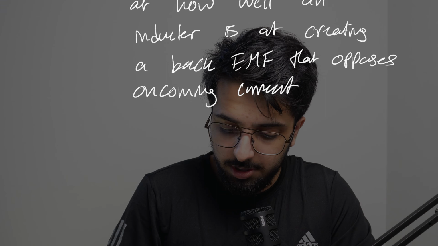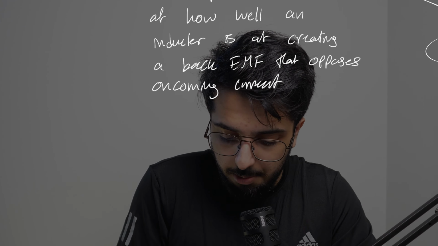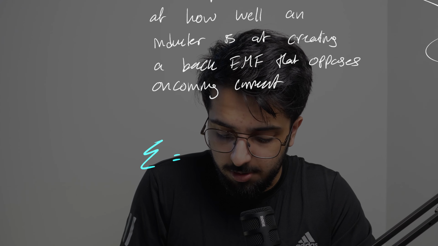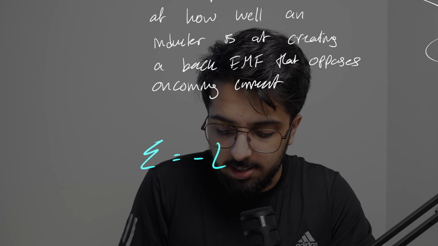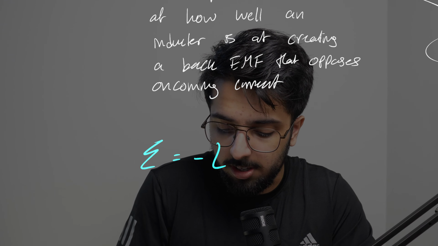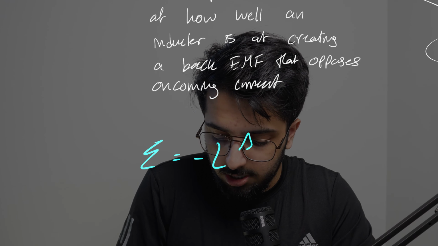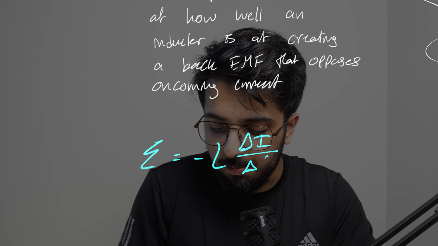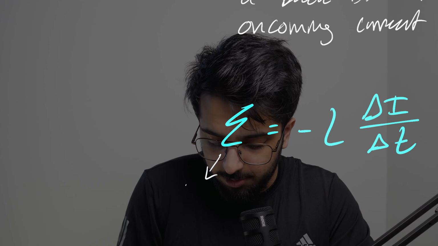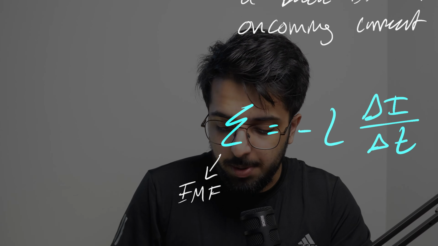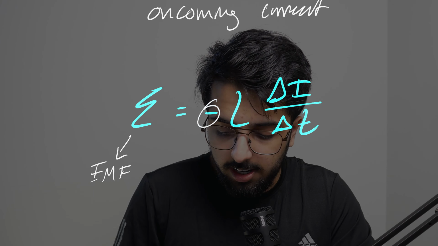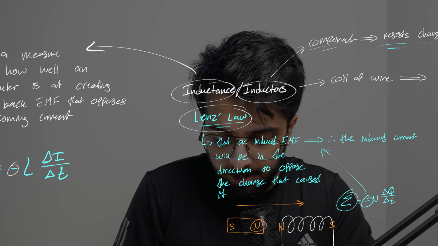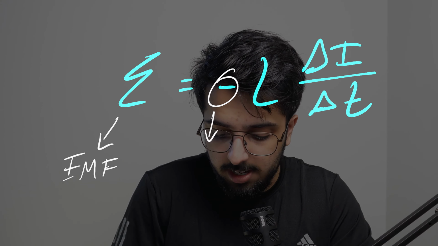The formula for this is: back EMF is equal to minus L, our inductance, multiplied by the change in current over the change in time. That's the back EMF produced. This is our minus sign, and that's due to Lenz's law, and this is what tells us that it's a back EMF.